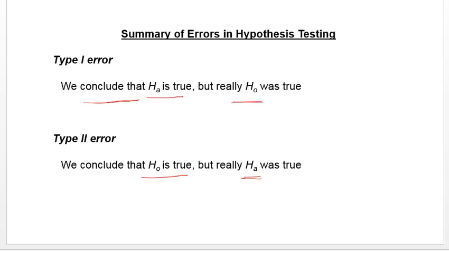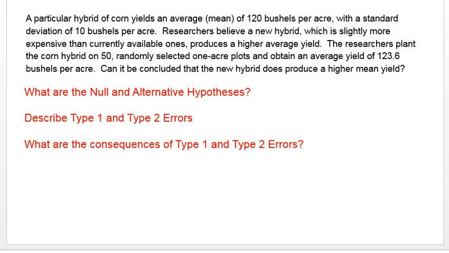So let's look at an example. In this example, it's an agricultural example. They're looking at a particular hybrid of corn. In general, this hybrid yields an average of 120 bushels per acre, with a standard deviation of 10 bushels per acre. Researchers believe that a new hybrid, which is slightly more expensive than the ones currently in use, produces a higher yield.